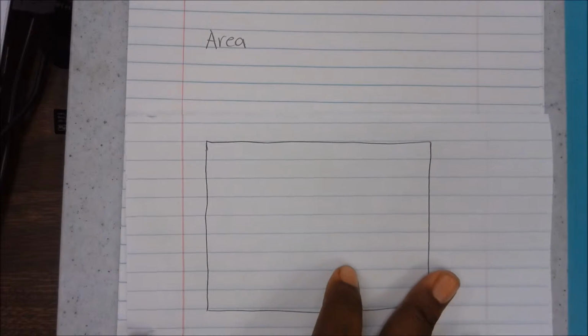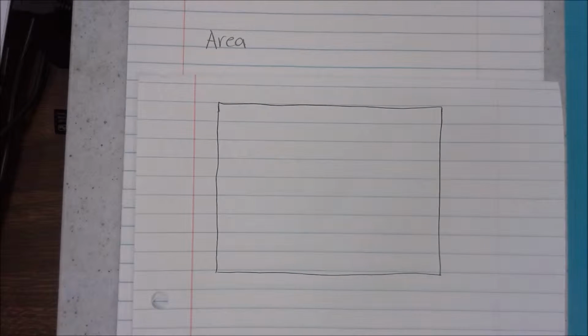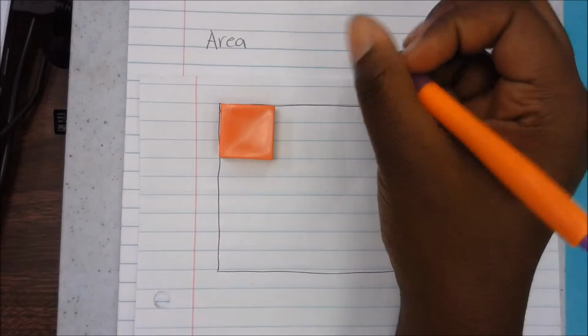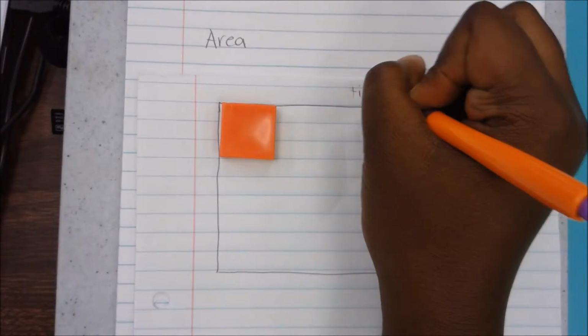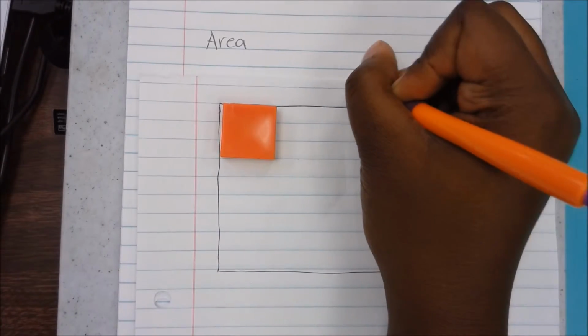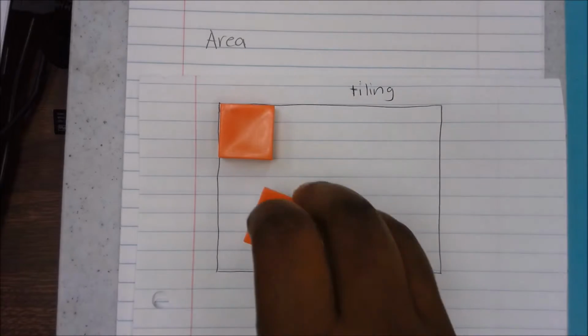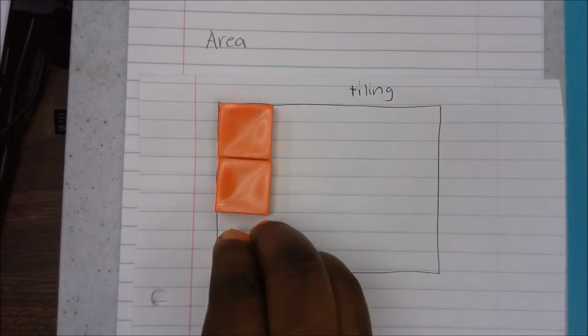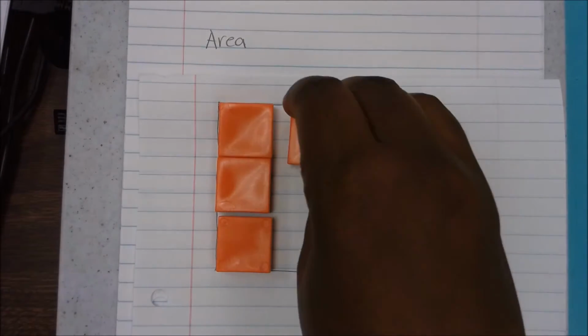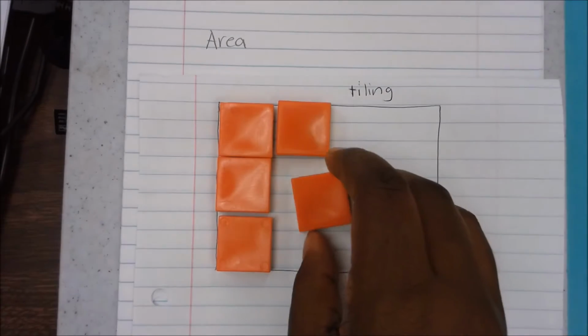Okay, so let's look at this rectangle. Since we want to figure out how much space is on the inside, we can use squares to fill the space. This is called toweling. So we're going to towel to find out the area. I'm simply going to use the squares to see how many I can fit inside of the shape.